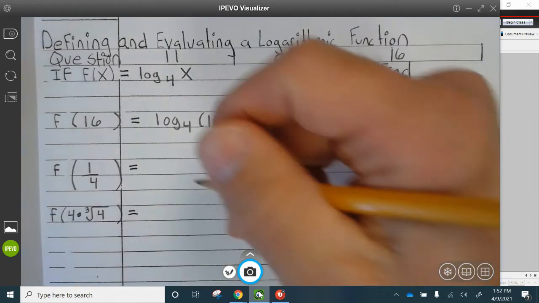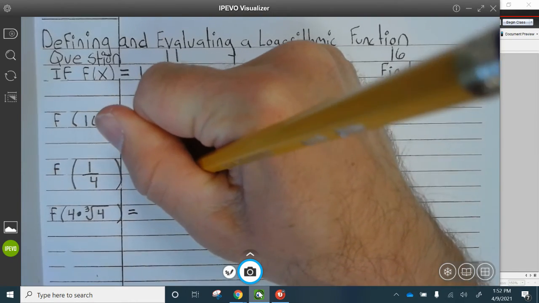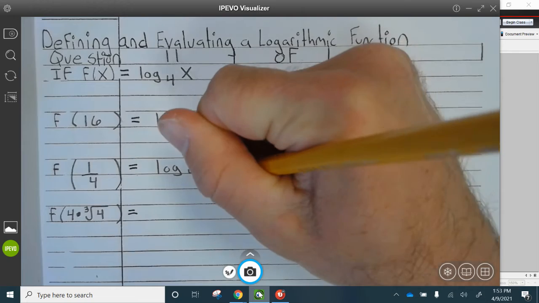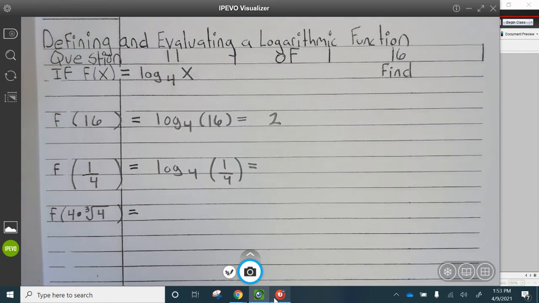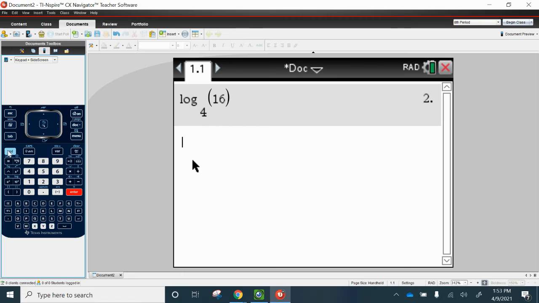Now we're doing f of 1 divided by 4. So that's log base 4 of 1 divided by 4. Control log base 4 of control divide 1 divided by 4 is negative 1.